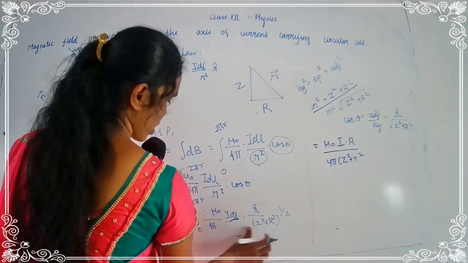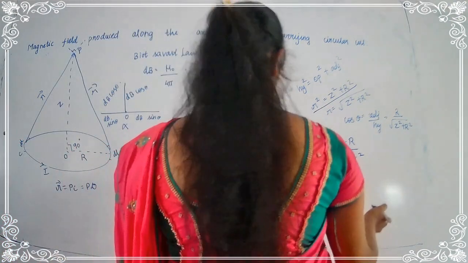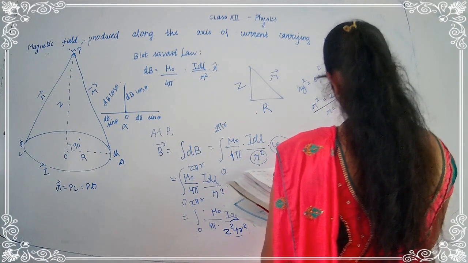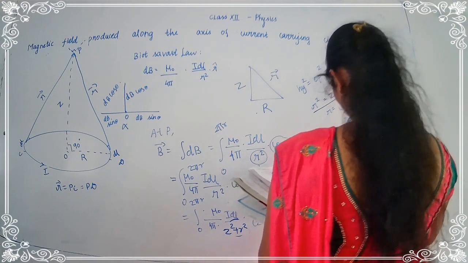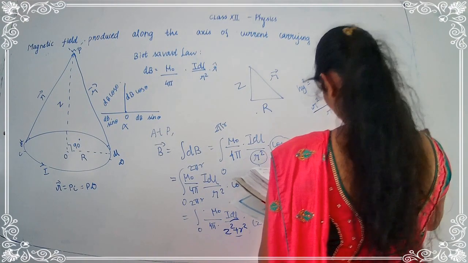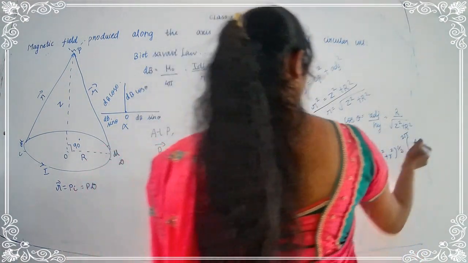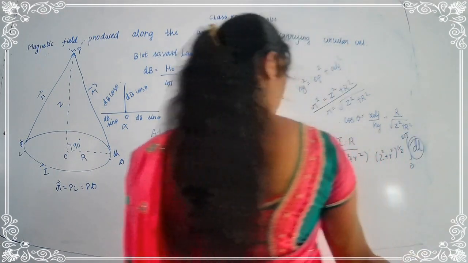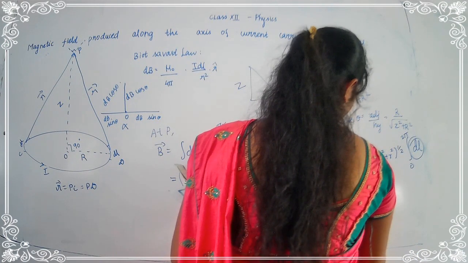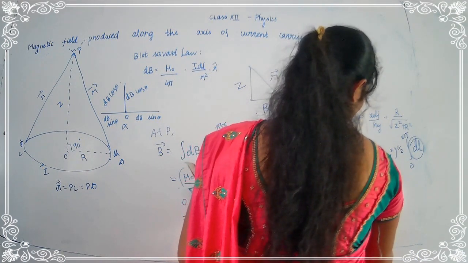So write it here, z square plus r square and z square plus r square whole power 1 by 2, and this is 0 to 2 pi, that is dl. The dl is there. What is dl? Length, which we call the circumference, okay. So mu naught I r by 4 pi, how can we write this together? z square plus r square whole power 3 by 2.